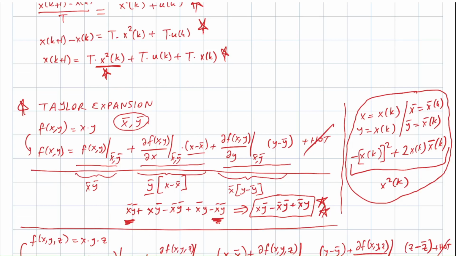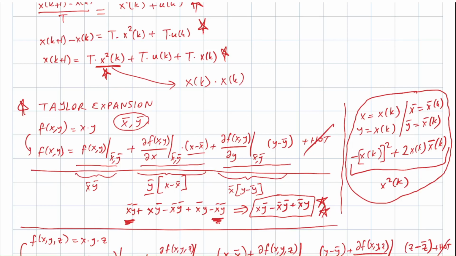You might be thinking, hey, what does this have to do with the original problem? Actually it has a lot to do with it, because we have x of k times x of k, a quadratic term.